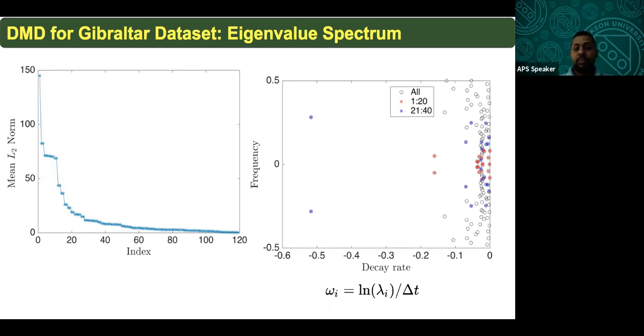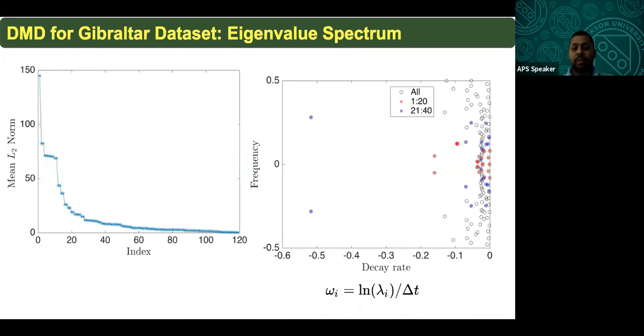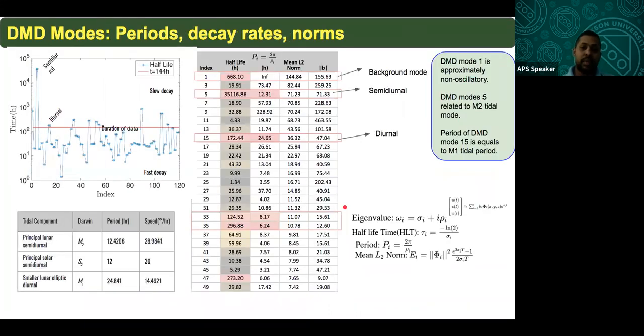Almost all the modes are decaying modes in this scenario. If you look at these red dots and blue dots, as you increase the number of selected modes, we can get into other modes, but sometimes a mode might be a harmonic of the first selected mode. So let's zoom in on this.